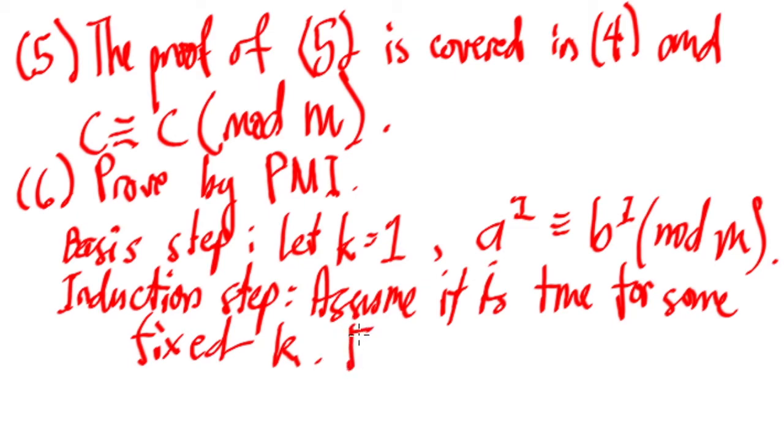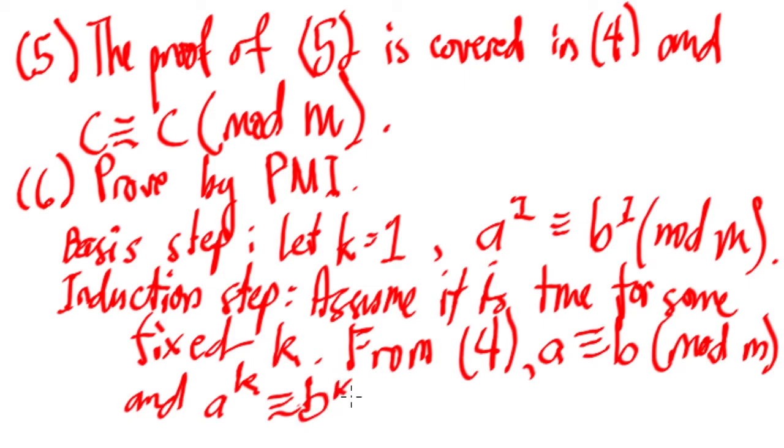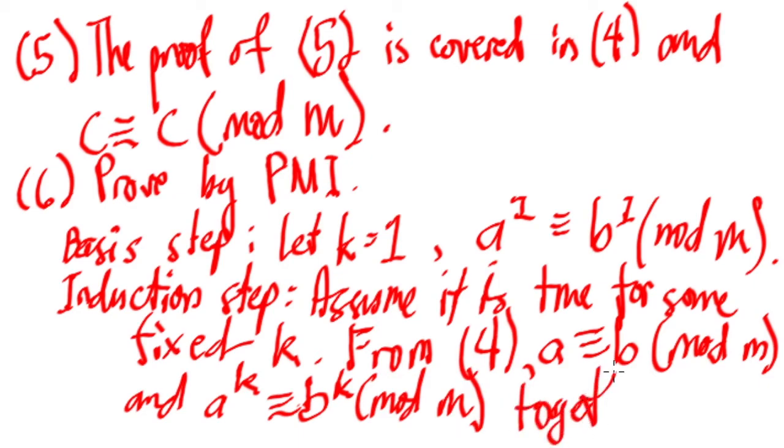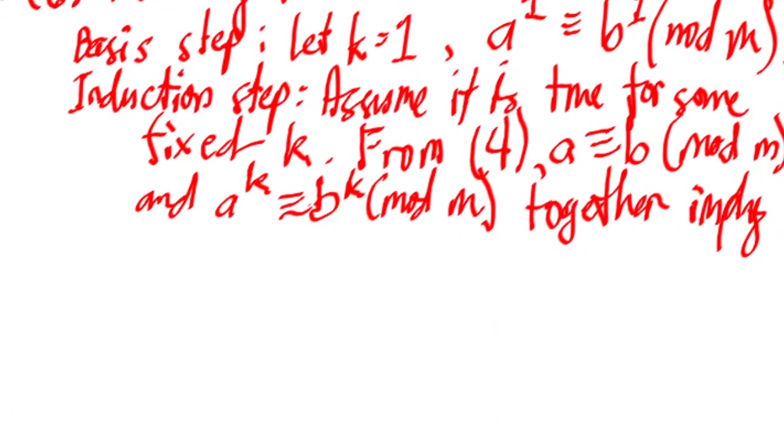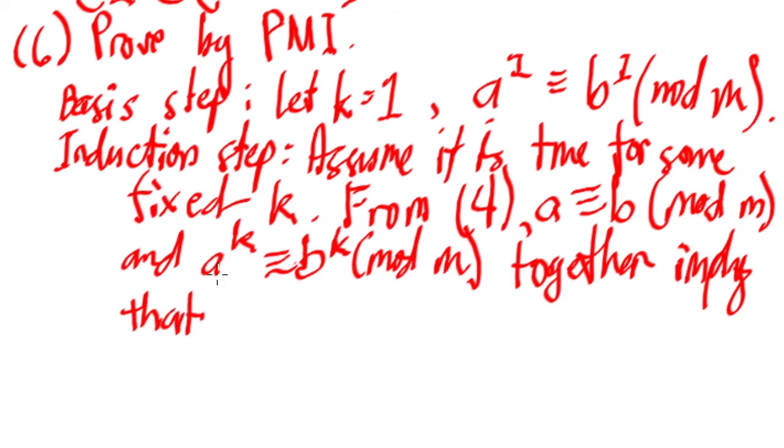Okay, so from 4, going back in our proof in 4, we know that A is congruent to B mod M and A raised to K is congruent to B raised to K mod M. Together, if we multiply them, by multiplying, we know that A times C is congruent to B times D mod M by our property 4.